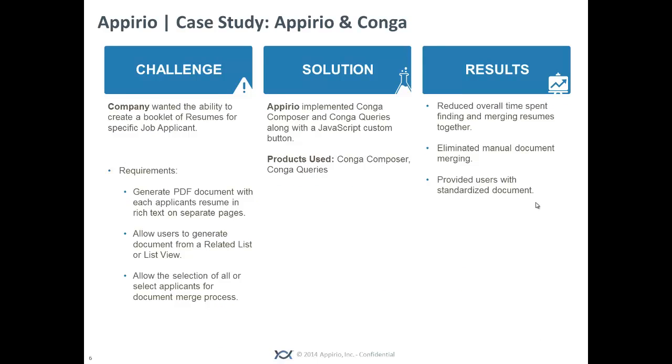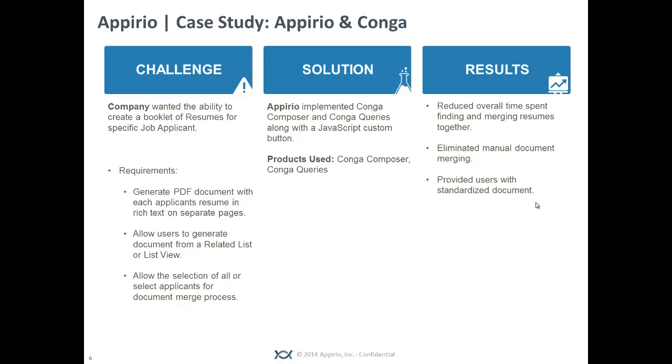So in this case study, we had a company come to us and say, hey, we need the ability to merge together all these resumes for the candidates that have applied for a job. We currently do it by grabbing all the resumes and continually copying and pasting all that information into one document.